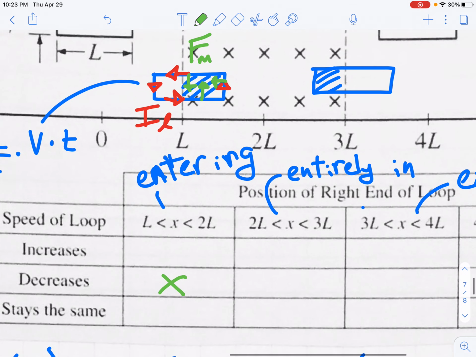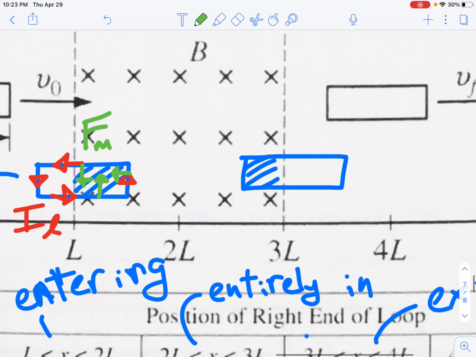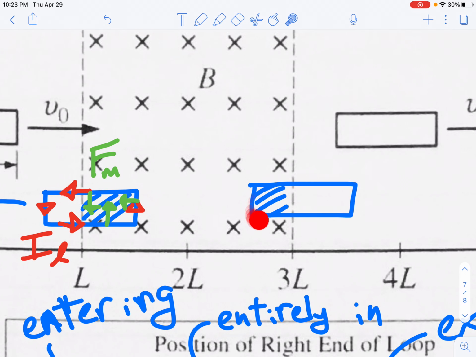When it's entirely inside, there is no changing flux, no current, and no force. Stays the same. When it's exiting the loop, what's happening? The flux here is decreasing. As this leaves, this area is getting smaller and smaller. So the change in flux, since it's getting smaller, opposes the magnetic field. So the change in flux points out of the page.